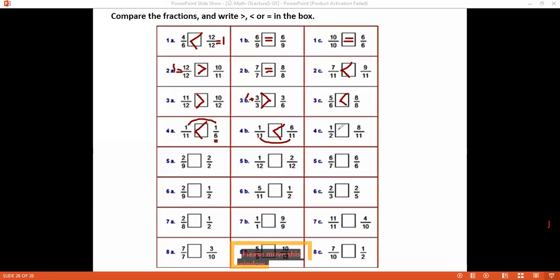Yes, miss. Yalla Hassan. 1 over 2 and 8 over 11. 8 over 11. How did you know? They don't have the same denominator and they don't have the same numerator, right? So what should I do, ya Hassan? Divide them.